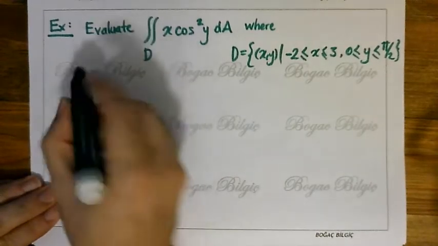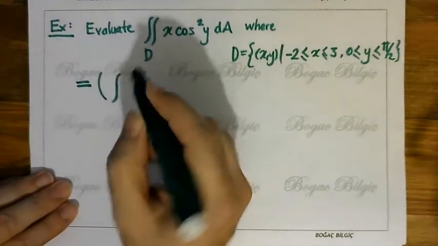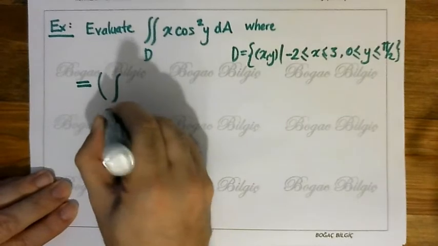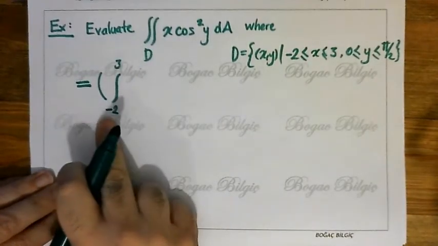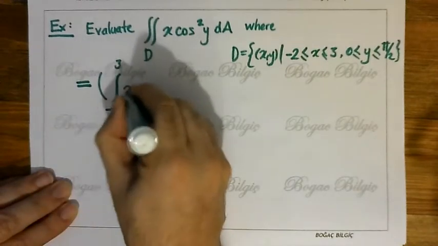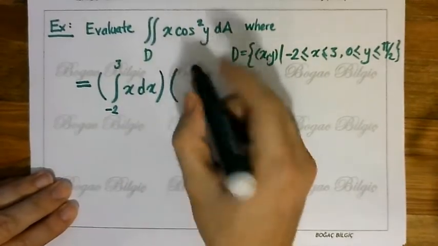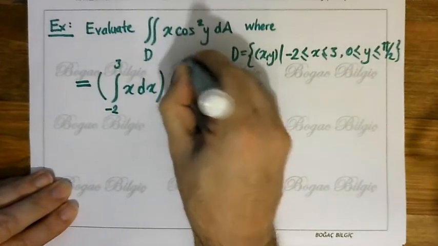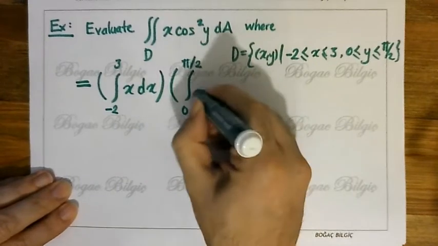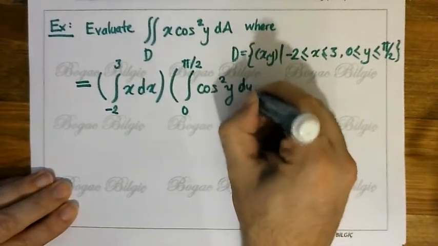So we can easily write the integral from -2 to 3 of x dx, and the integral from 0 to pi divided by 2 of cos squared y dy.